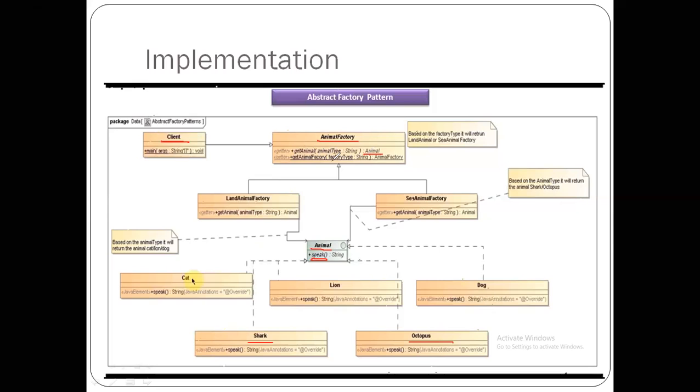According to the animal type, this animal factory interacts with either the land animal factory or the sea animal factory. So through this interface, we may access one of these five animals. Like this, we can represent a class diagram for abstract factory pattern. Clear?